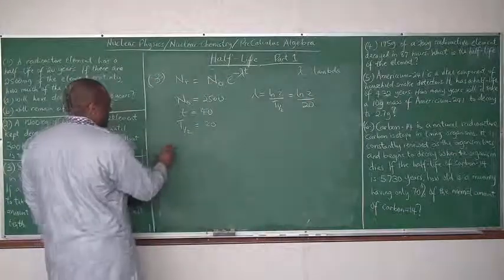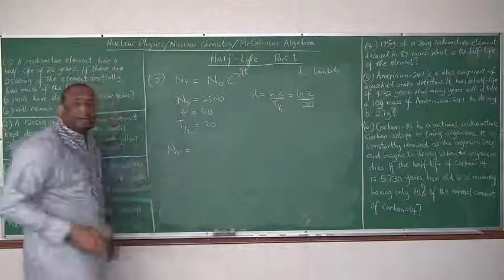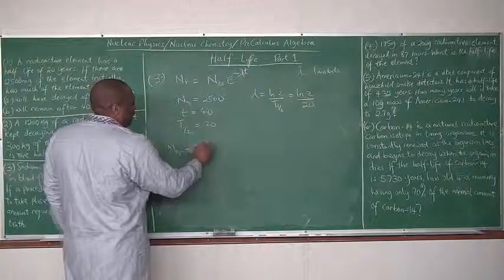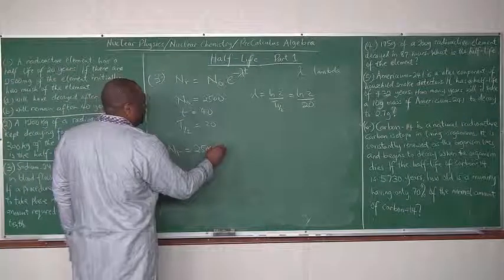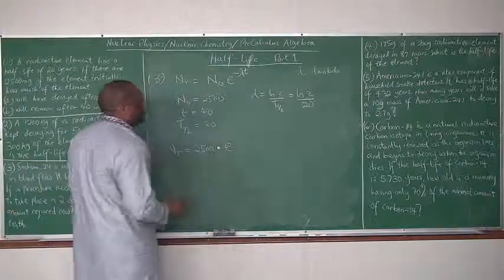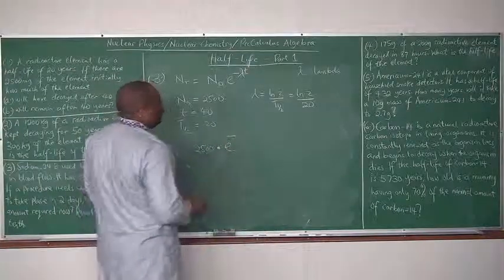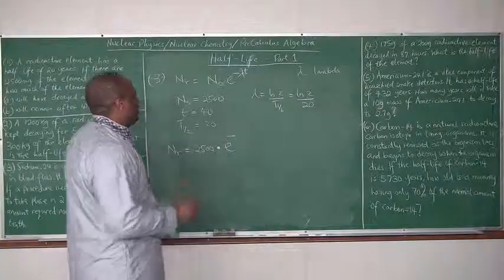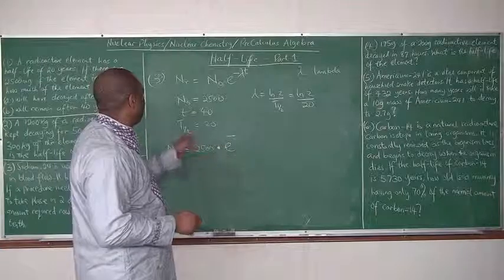The amount remaining will be 2500 times e to the power negative ln 2 over 20 times 40.